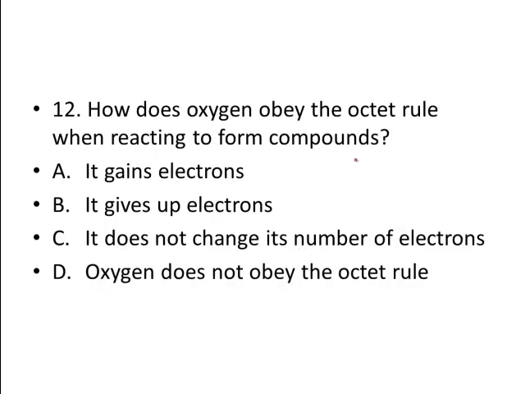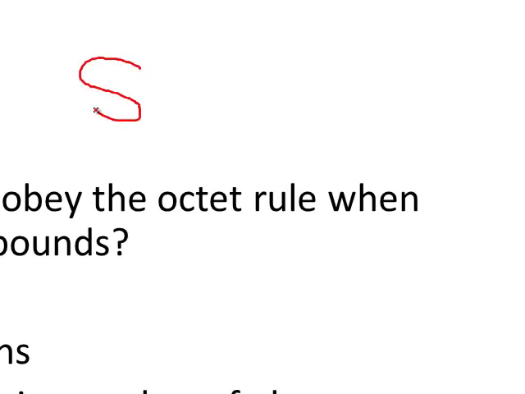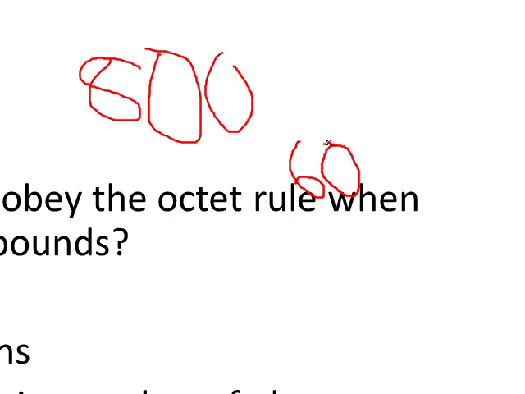Next is, how does oxygen obey the octet rule when reacting to form compounds? Does it gain or give up electrons? My rule is, when we look at elements that are electronegative in the right-hand corner, imagine you're supposed to be getting paid $800 a week and you only got paid $600.